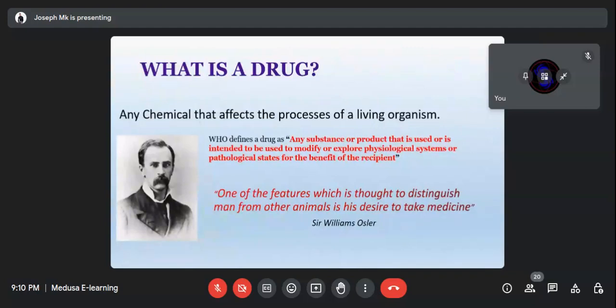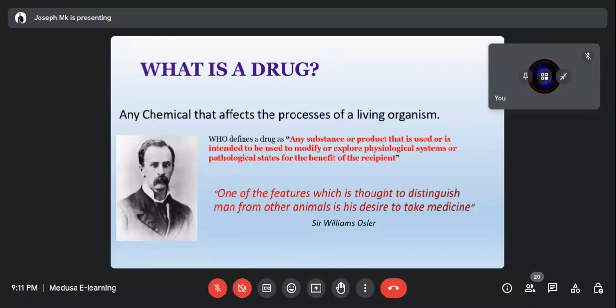That was not your desire. Your desire was to get healed, things like that. But then the drug that you took has caused an organ failure. So in this case, we can say that the chemical which you took, in as much as you saw it as a drug, may be poisonous, and we can call that a poison. So that's why they say a drug can be both a poison and a drug.